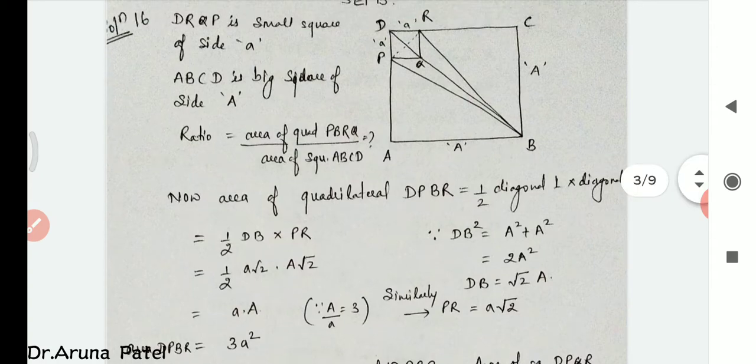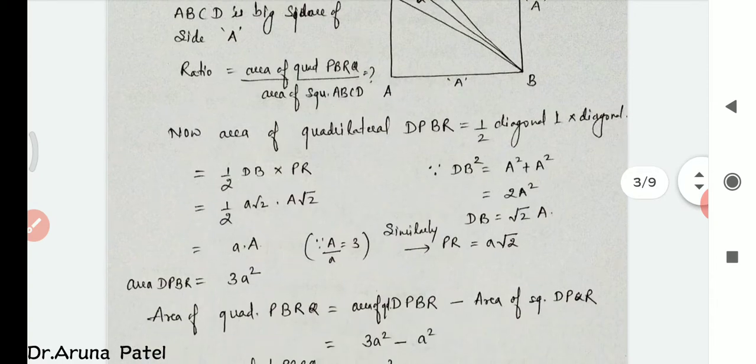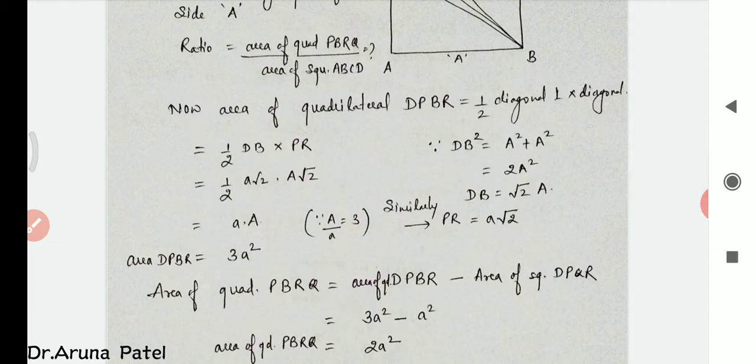Now in the ratio, the quadrilateral PBRQ is asked. So we have to reduce the area of the small square, sorry, DQRP.